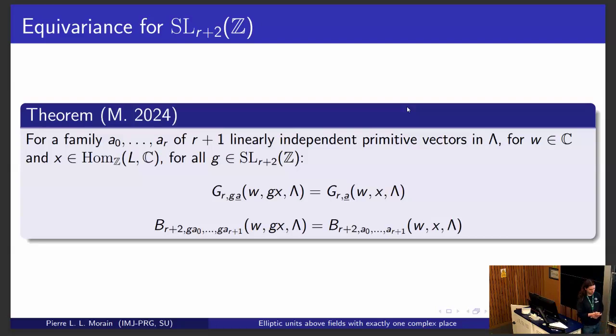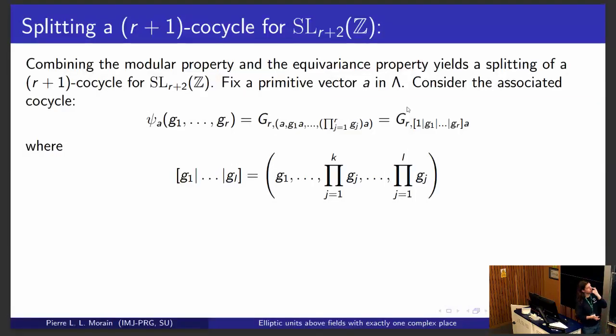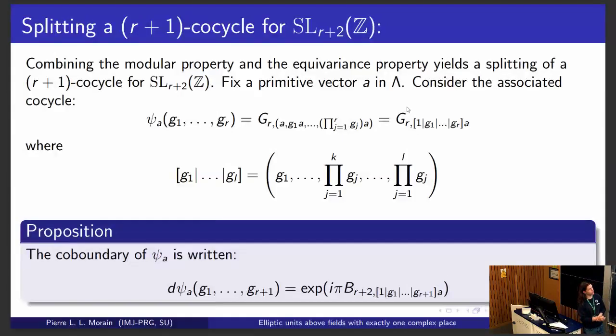Okay, so now maybe the most interesting part is how do we really write the cocycle? So we take these kinds of elements in SL_{r+2}(Z). So take the product. This is quite standard in cohomology. And you just look at what happens when you try to write the coboundary of this.